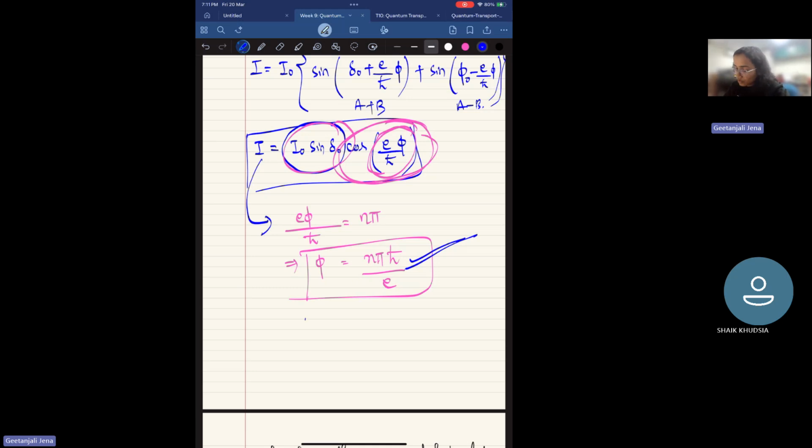And if you want to calculate the periodicity of this double slit kind of current, it will show like this. So the periodicity here is h by 2e.